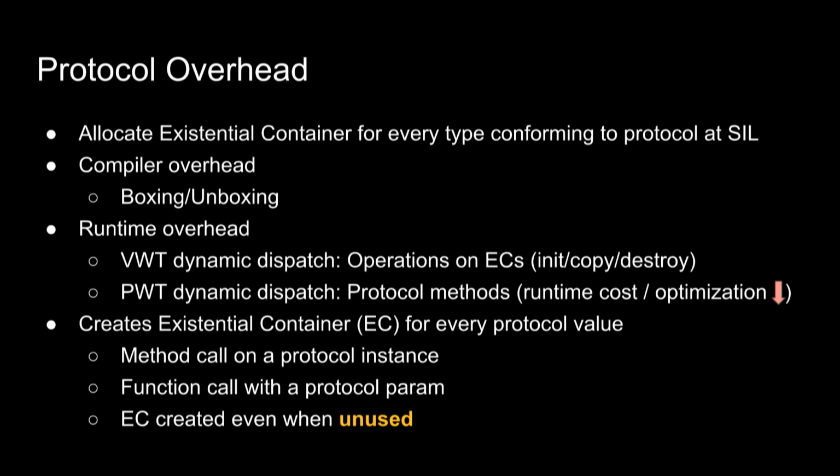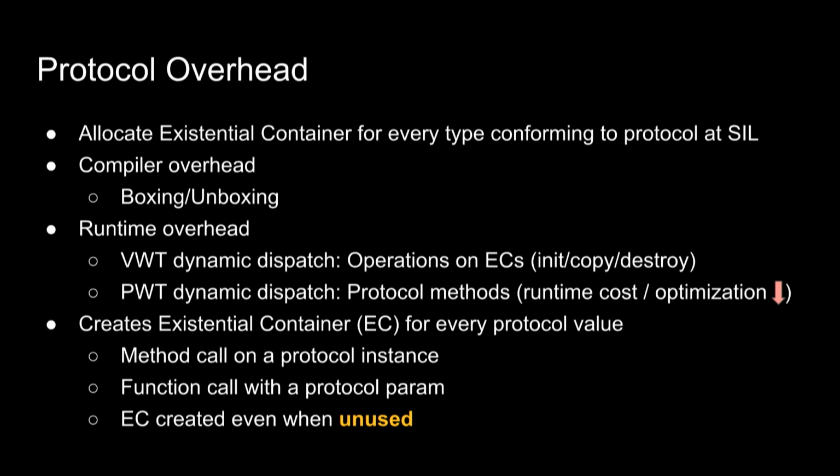It's expensive due to a high runtime cost and potential limit on the optimization. It also creates an existential container for every protocol value. It creates it per method call on the protocol instance and per function call with a protocol parameter, even when the value is not used.